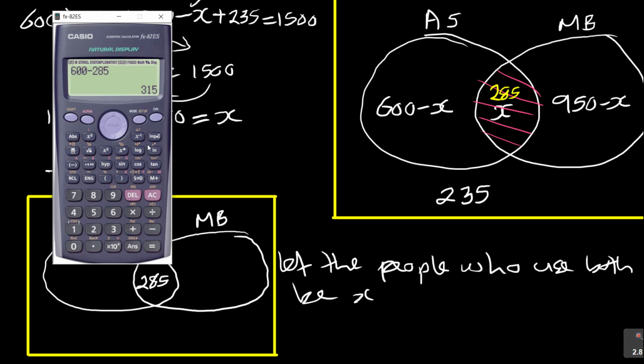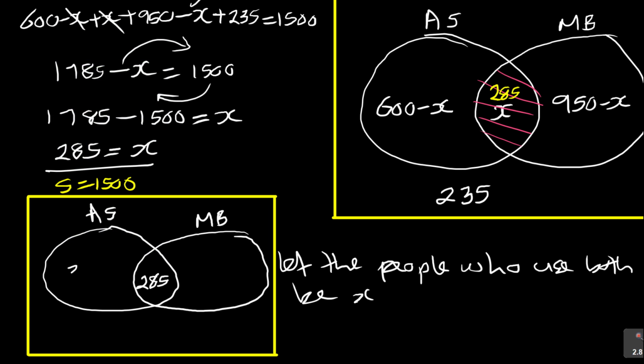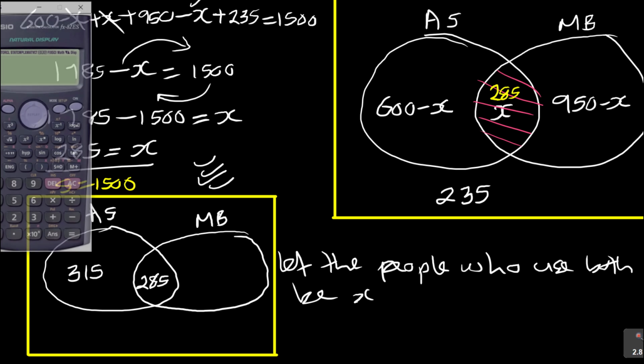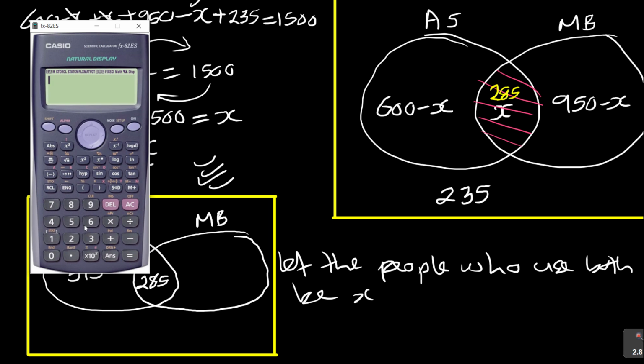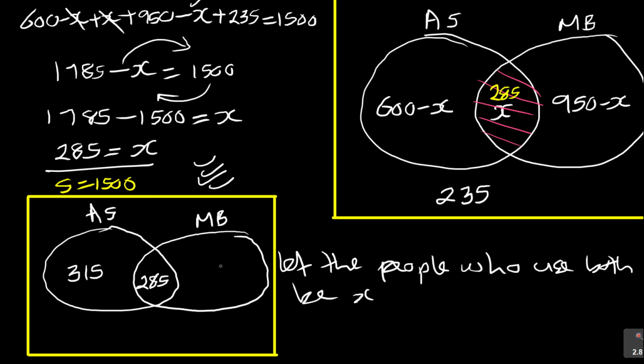Just be careful with your numbers: 315. That's what they wanted. This is the final thing they wanted. Your 4 marks are here. Then again 950 minus X, so 950 minus 285. What do we get? 665 here.